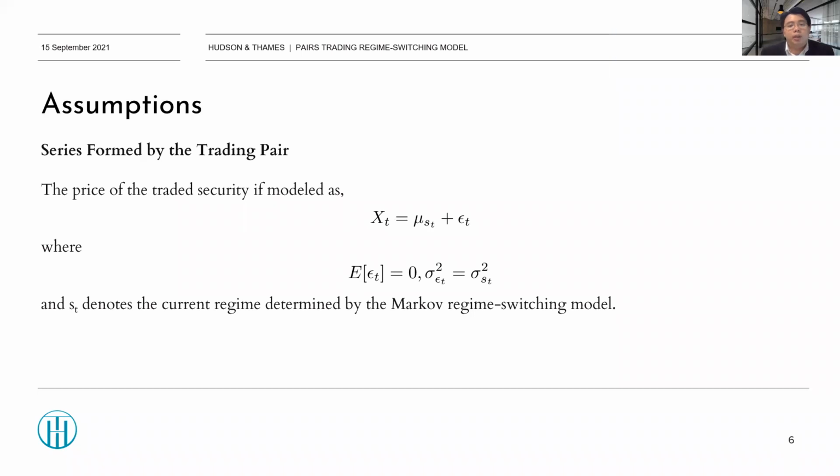So here we assume the security price X_t, which is usually a spread of a pair of assets, follows the formula shown here, where S_t denotes the current regime determined by the Markov regime switching model. So both the mean and variance of the security price will switch between two values over time.